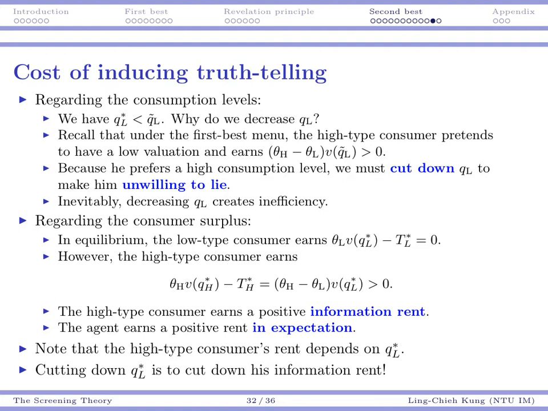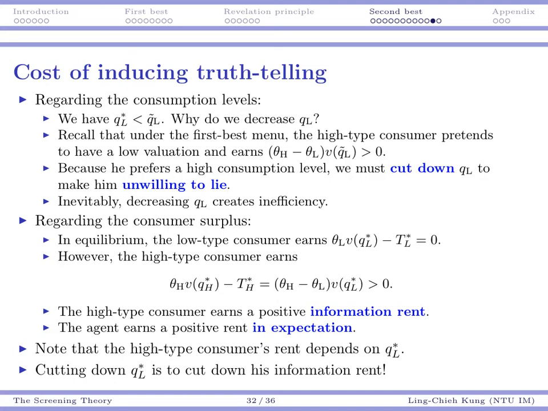You are the principal, he is the agent. The best way for you to optimize your profit is to try to limit the agent's profit. If you want to do that, you will try to cut down his information rent, because that private information gives the agent some rent, and if you limit the amount of rent, then you will be able to maximize your profit.